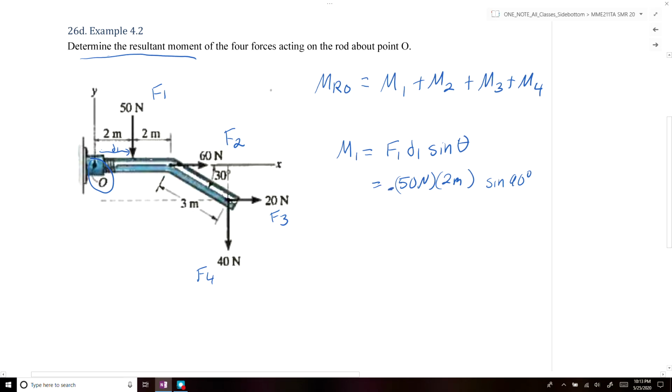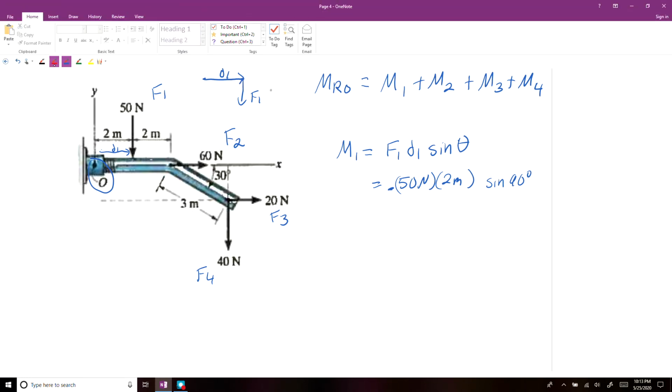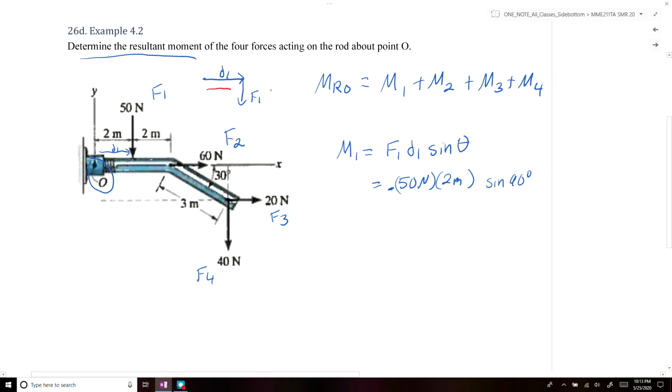And the reason we have to include a negative sign is that if you look at our D1 and F1 here and use the right hand rule, pointing your palm along D1 and curling your fingers along F1, your thumb would point into the screen.